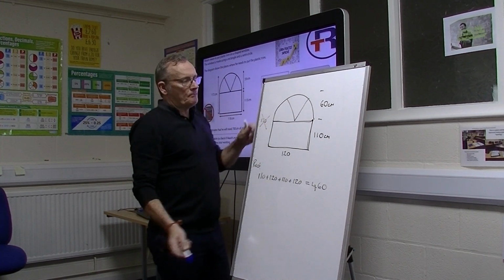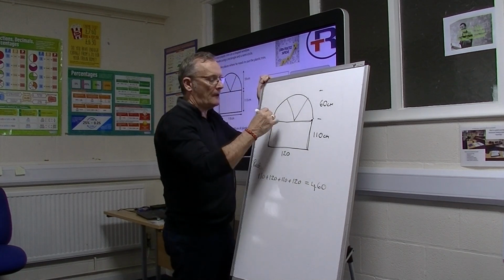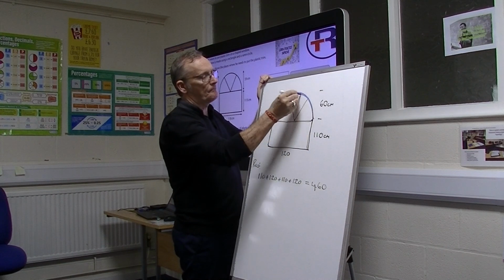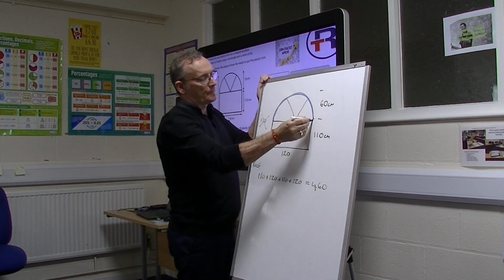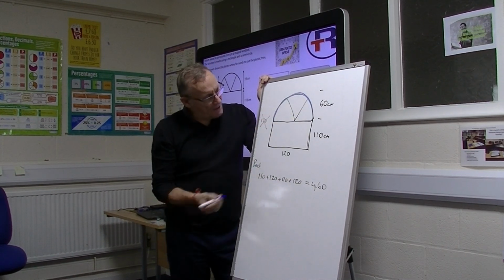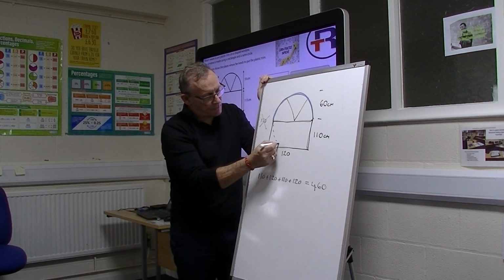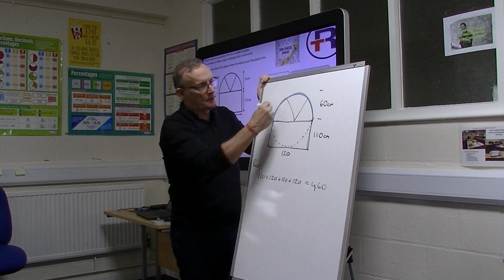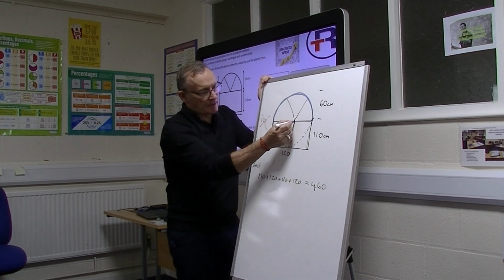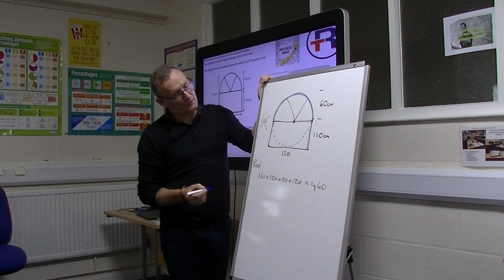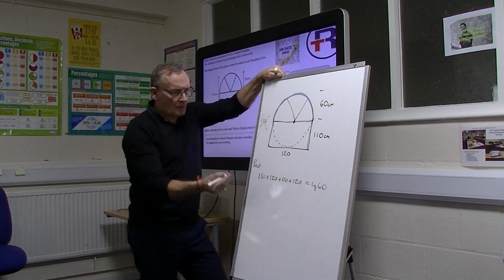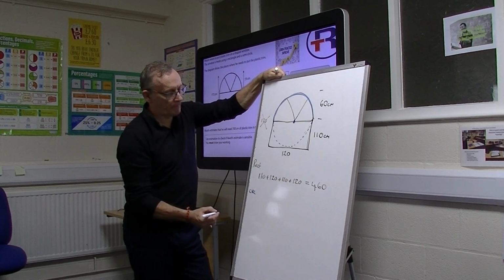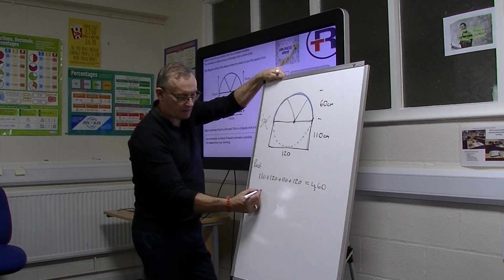Got the blue pen now for the semicircle. That bit there. But I like to make it into a full circle because that makes it easier for me to see the picture. So there's the full circle. That's the centre of the full circle. What's the formula that we need?